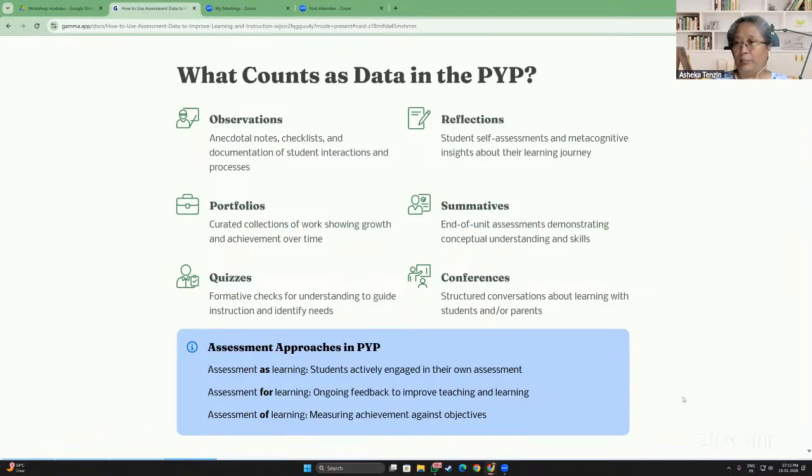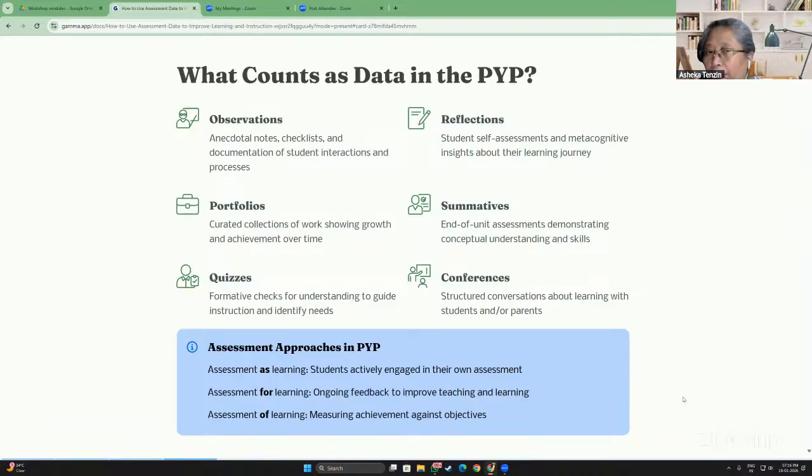How many letters did he or she miss? And documentation of the interactions they have, especially in the early years where students have not started writing. So data could be in the form of anecdotal notes, checklists, or documentation of the interaction the teacher has had with the student.